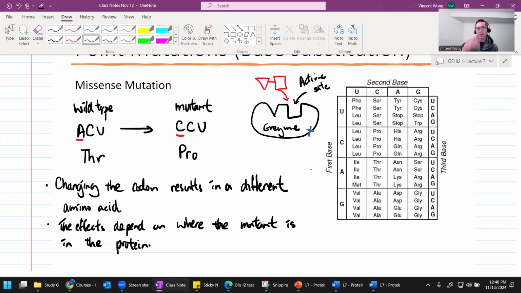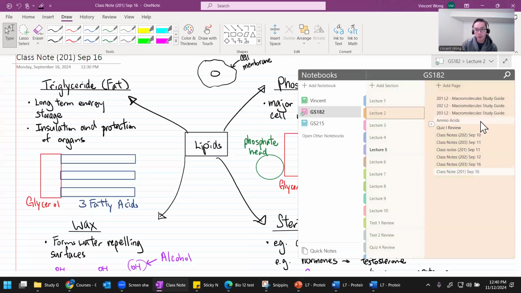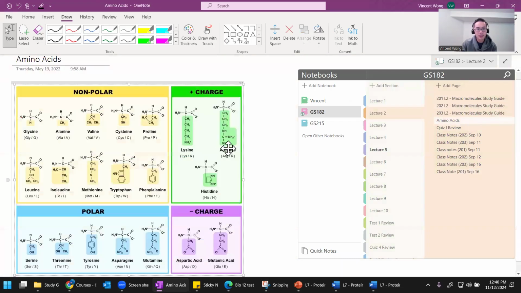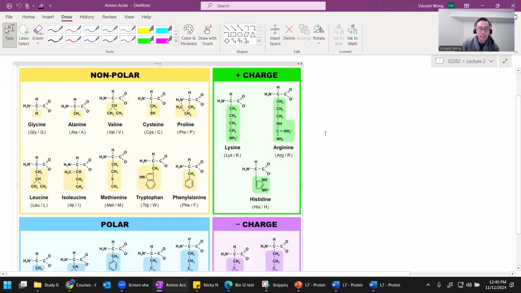Now, all the way back in lecture two, I showed you a picture of amino acids. Okay, and you can see you can group amino acids based on their properties.